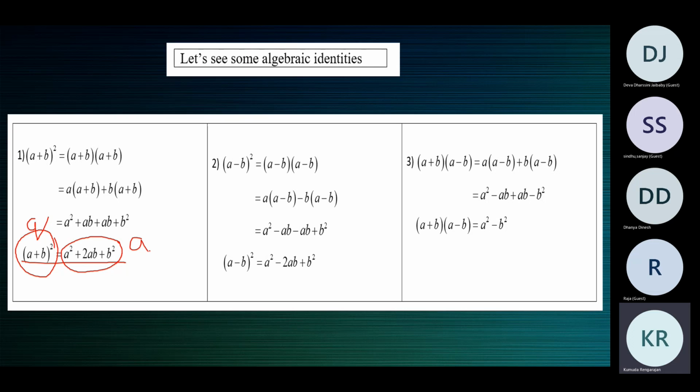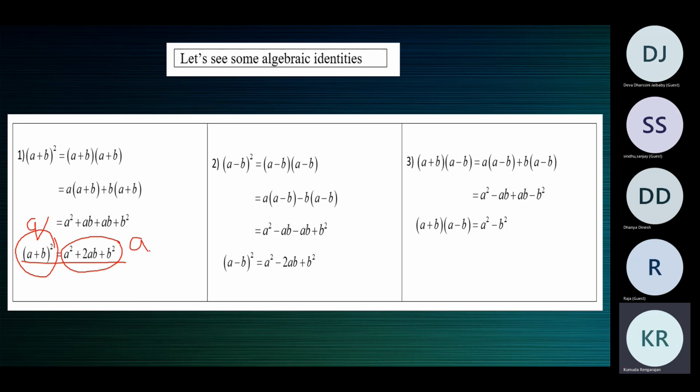We know that an algebraic identity has two sides, the left-hand side and the right-hand side. If the given question resembles the left-hand side, then your answer is the right-hand side. You should use the right-hand side of the identity to work the answer.